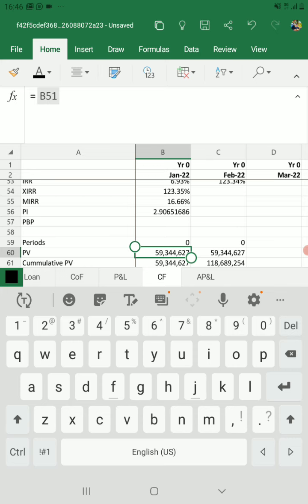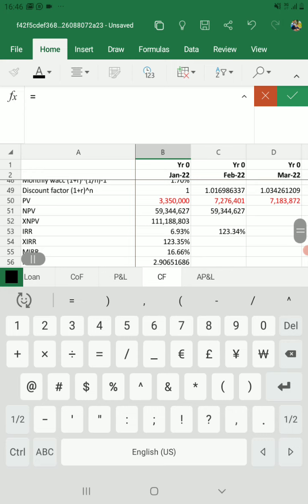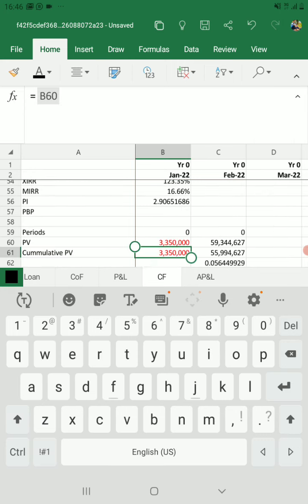PV, I also put the formula there, starting with an equal sign. Our PV is this one, press enter, and cumulative is that one.